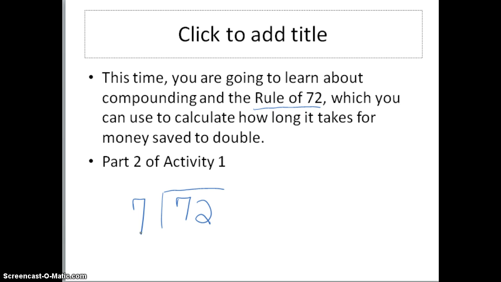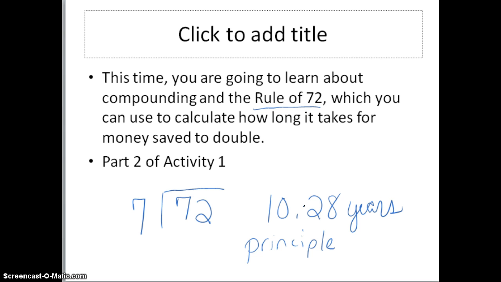And if I do 72 divided by 7, I get 10.28 years. It will take 10.28 years for my principal to double, no matter what the amount is that the principal represents, whether it be $100, $200, $300, whatever. For that amount to double, it would take 10.28 years.